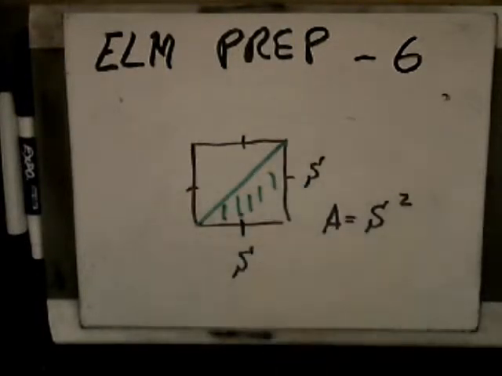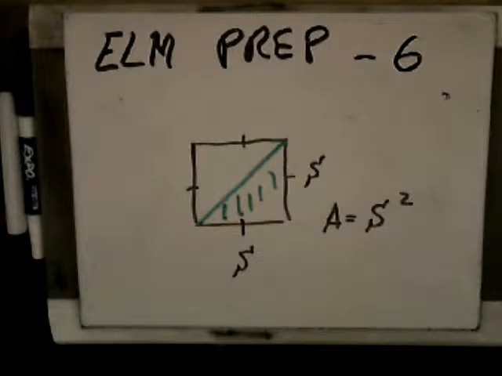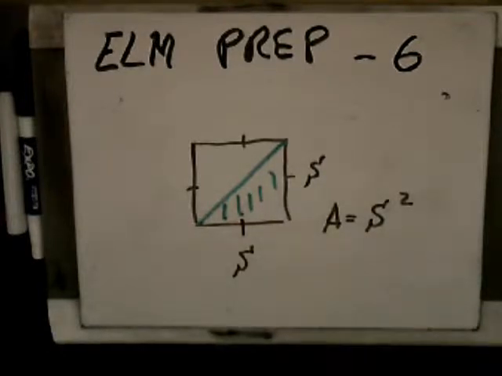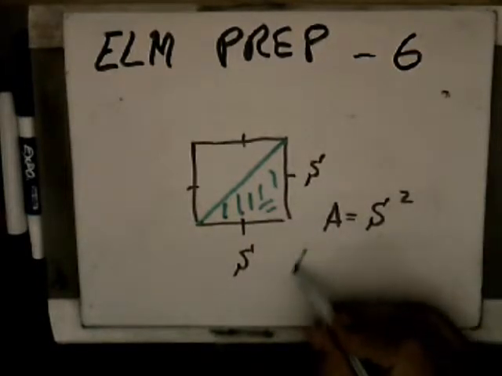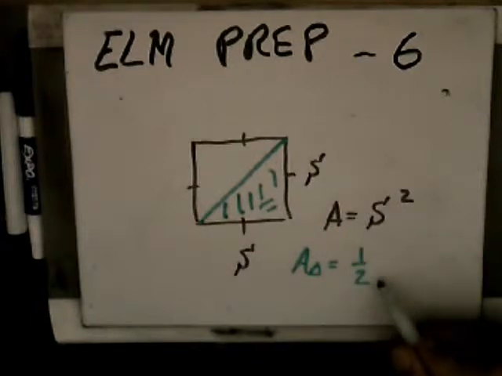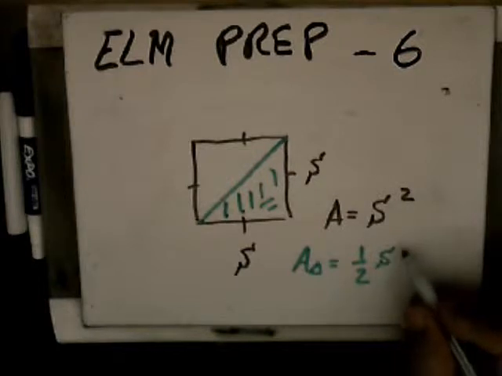We could have cut it this way, but that wouldn't have formed a triangle. So we cut it diagonally and we formed a triangle. We can see intuitively that the area of the triangle is half the area of the square, or S squared over 2.